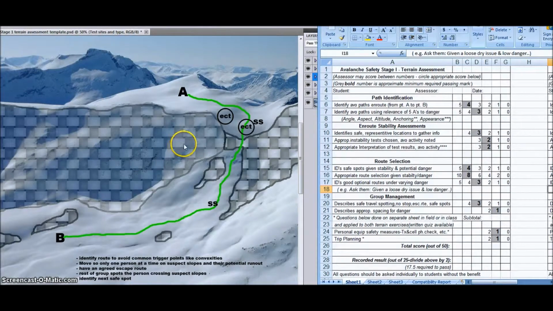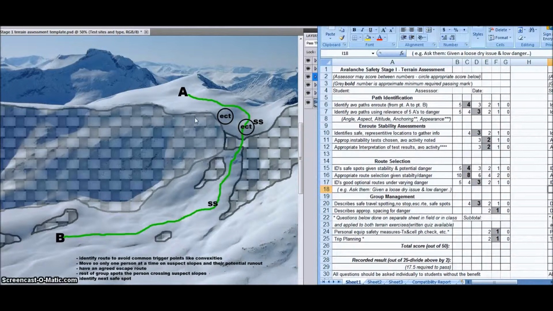In this instance they didn't, but I would pick the terrain and say this area here you have not identified as avalanche terrain. If I suspect they've missed it, I'll ask them, and in certain instances they'll say, oh yeah, that's avalanche terrain. And if they can do that verbally for me, I'm fine to mark them full points.